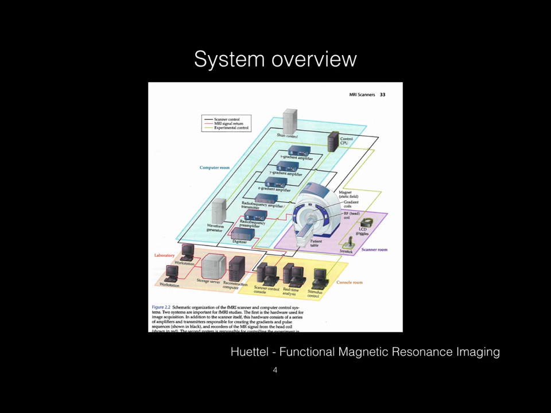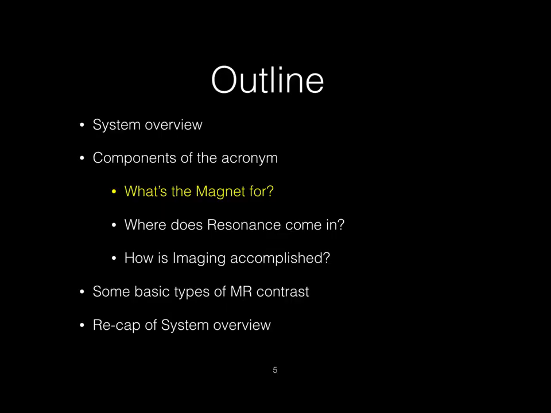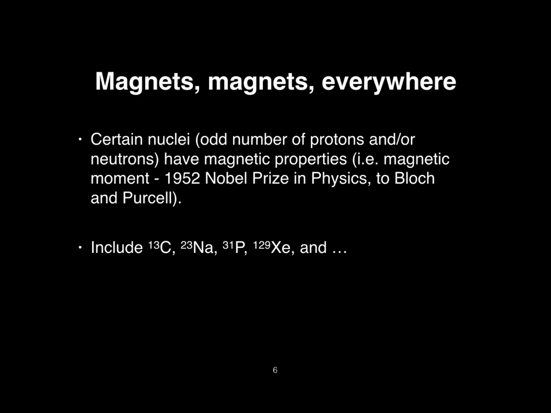Okay. So what is the magnet for in MRI? It turns out that the nuclei of some atoms actually behave like microscopic magnets themselves. Two groups back in the late 30s, almost 80 years ago now, discovered that certain nuclei with either odd numbers of protons or neutrons can behave like little magnets themselves.